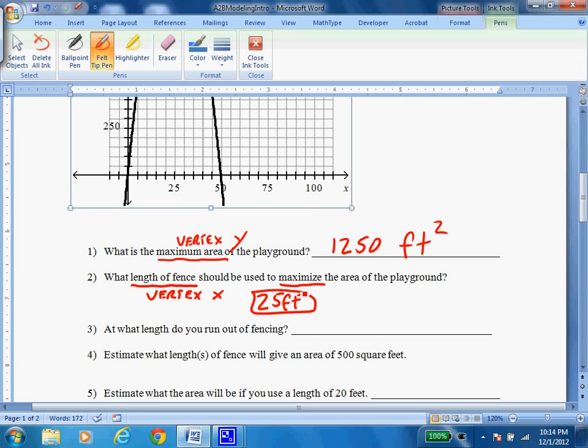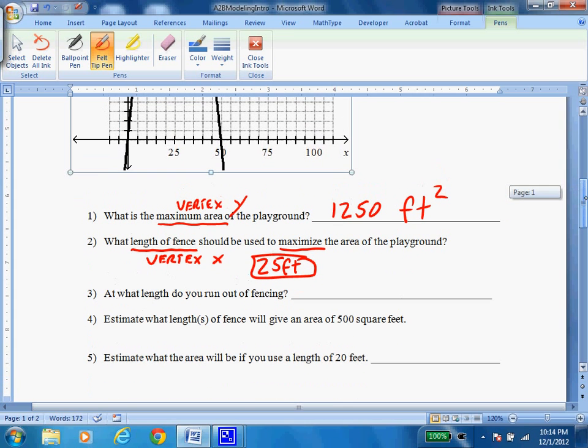We'll take a look at questions 3 and 4 later on when we learn some of the other material that we're going to on quadratic functions. But I want to look at question 5. It says estimate what area will be if you use a length of 20 feet.